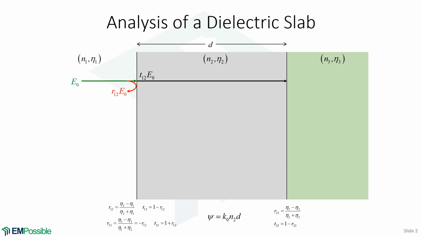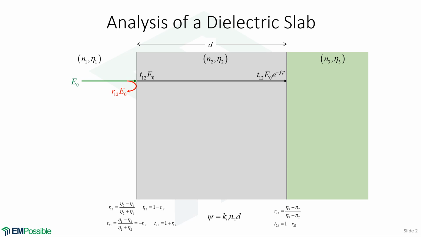From there, we have this transmitted wave, and it progresses through the entire slab, so it accumulates phase. How much phase does it accumulate? Well, it's e to the minus j psi, where this psi is the K naught N2 times d, the amount of phase the wave would accumulate.